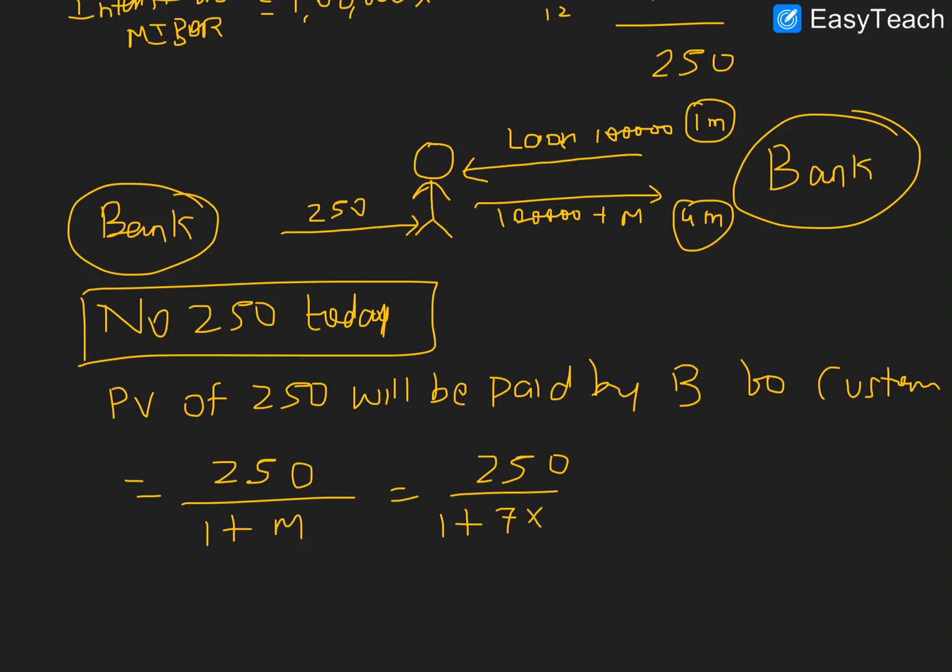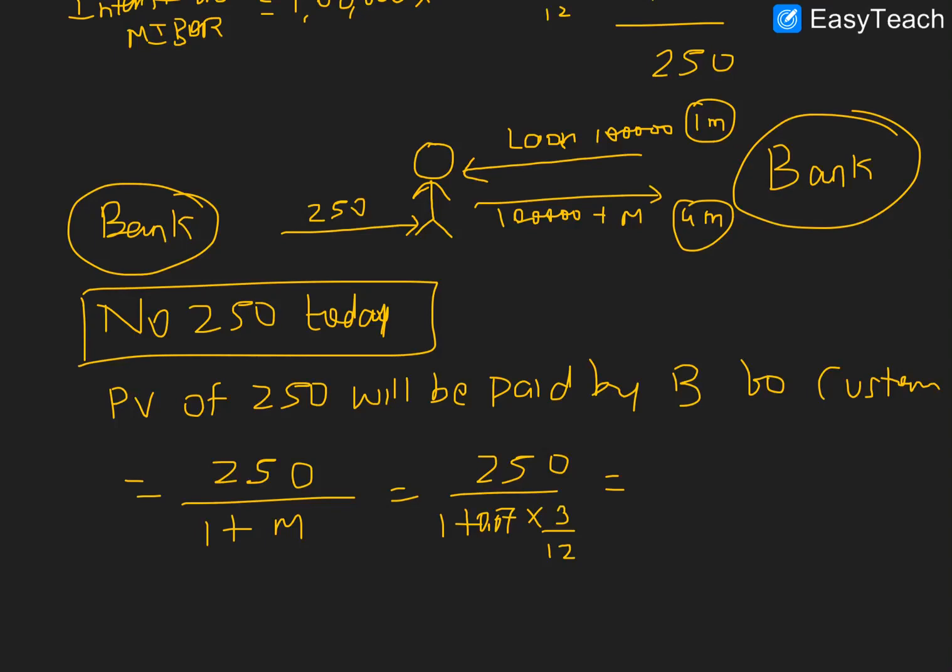7 multiplied by 3 by 12, or I can say it's 0.07 multiplied by 3 by 12. So 1 plus 0.07 into 3 divided by 12.